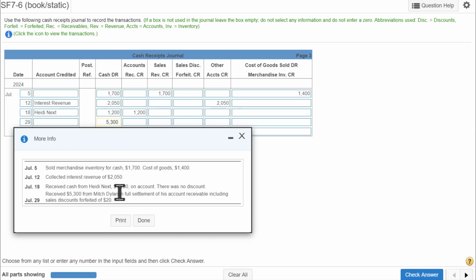And it says in full settlement of his AR, including sales discounts forfeited of $20. So let's go to sales discounts forfeited, $20.